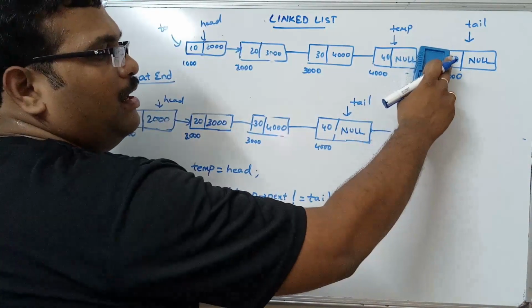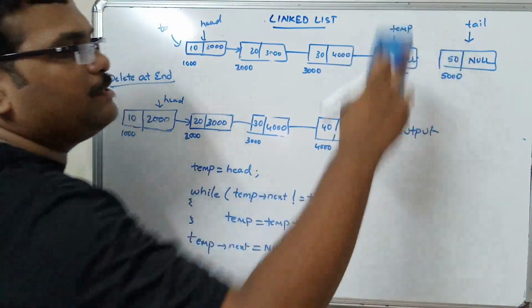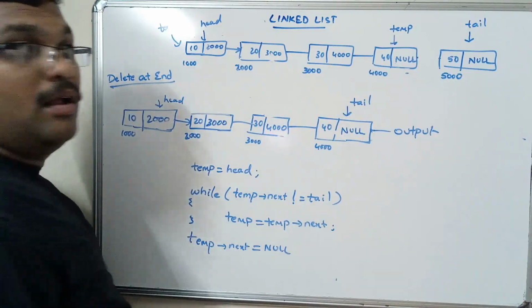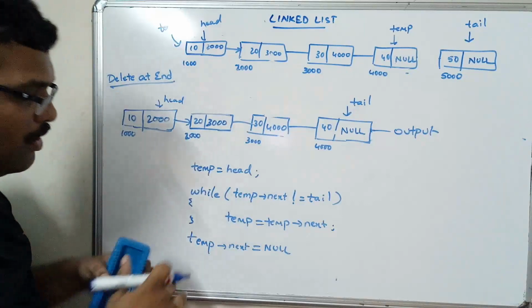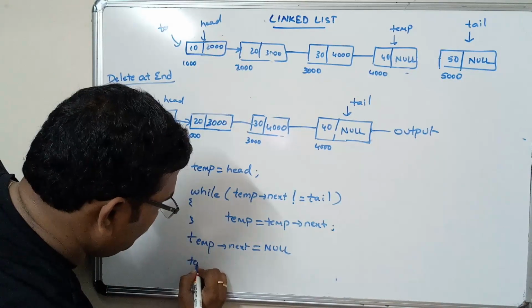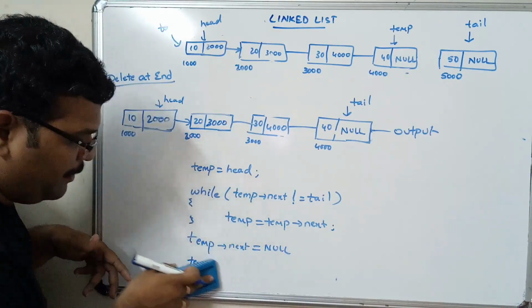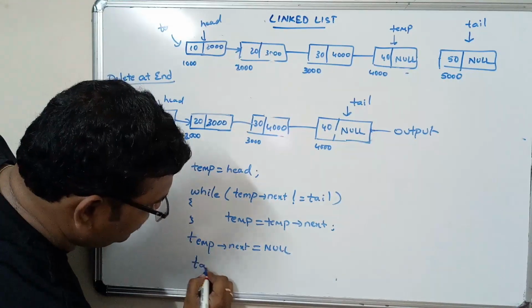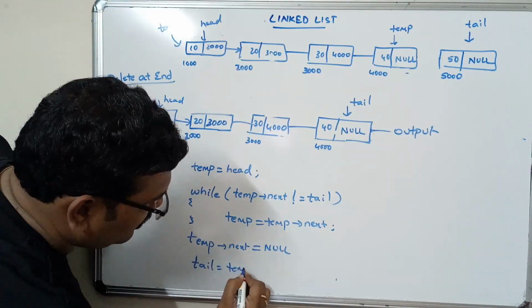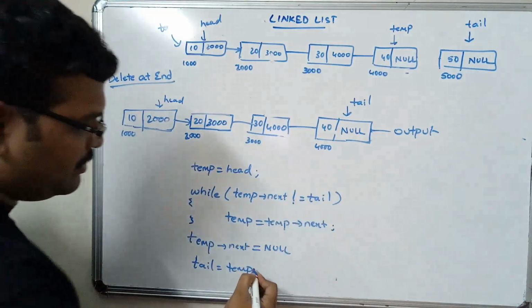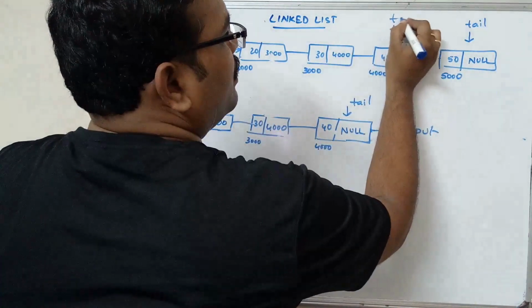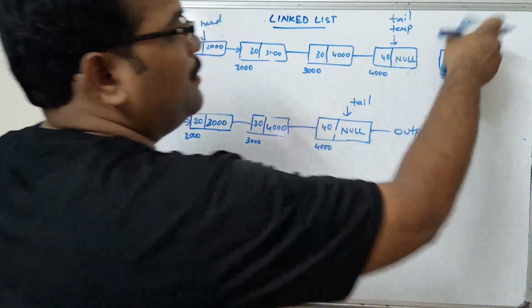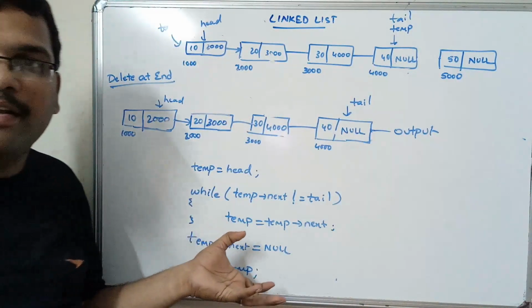If you place null, automatically the link has been disconnected, right? And the link has been disconnected. Now see, tail is equal to temp. Now initialize, I mean we have to change the tail. So here it will be tail. Just move here. Here we are just assigning, right?